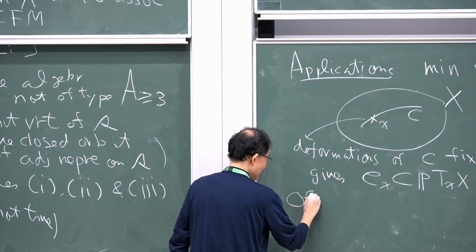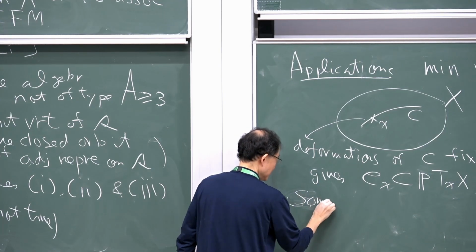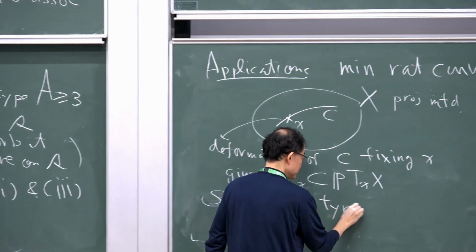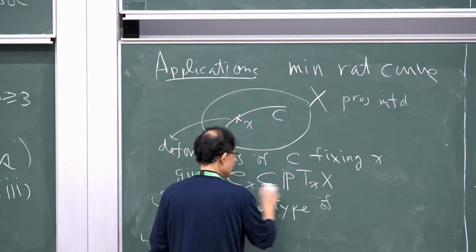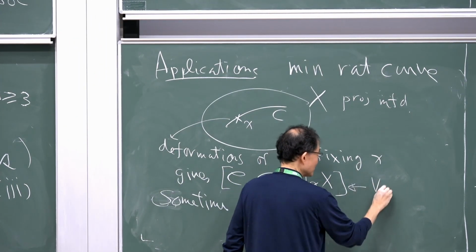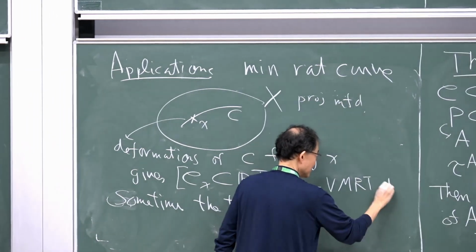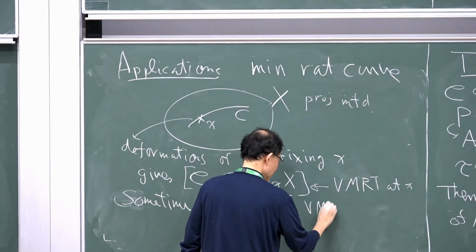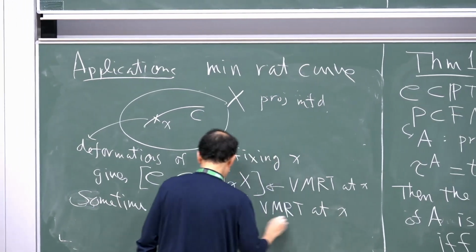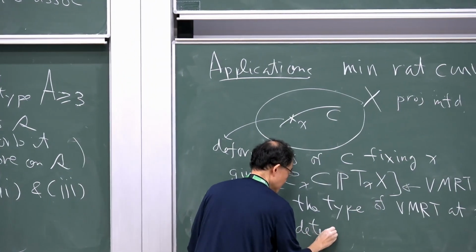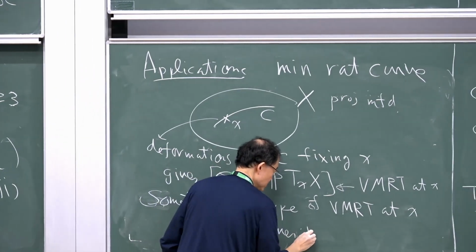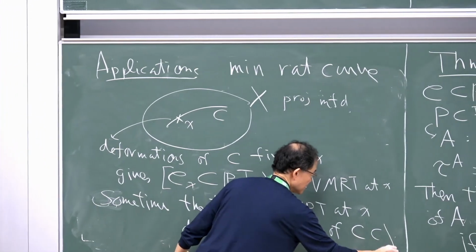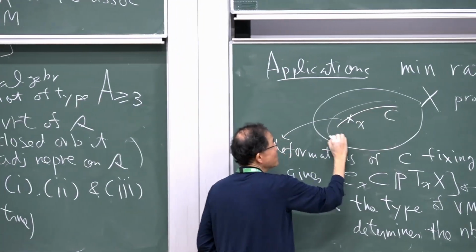So you have this. And often, or sometimes, the type of this projective variety, this is what Jun-Muk introduced as VMRT-LX, determines the complex analytic neighborhood of this curve.